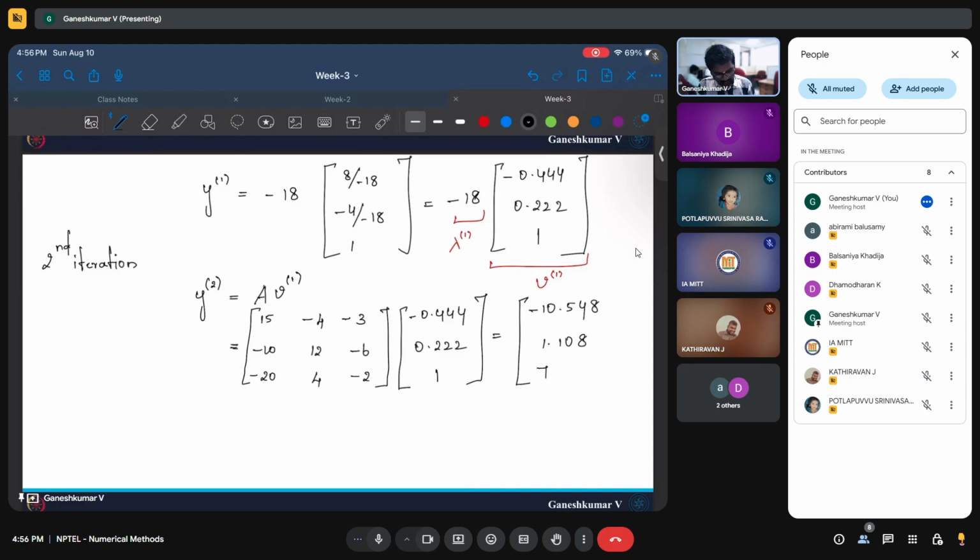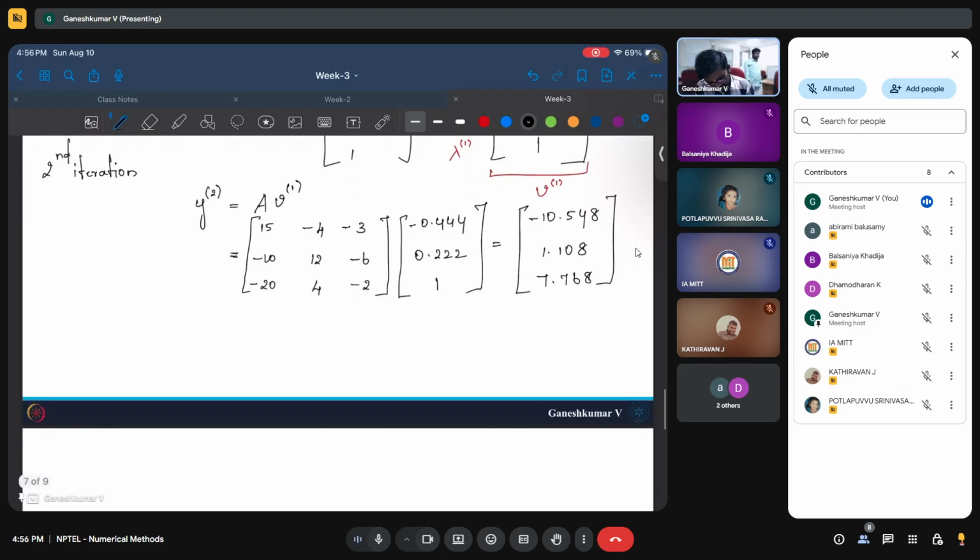This is 7.768. So again, what we have to do, we have to take the maximum element outside. So here the maximum element is 10.548. So if I take that out, minus 10.548, or basically I'm just normalizing the vector based on 10.548, assuming that at this iteration my eigenvalue is 10.548.